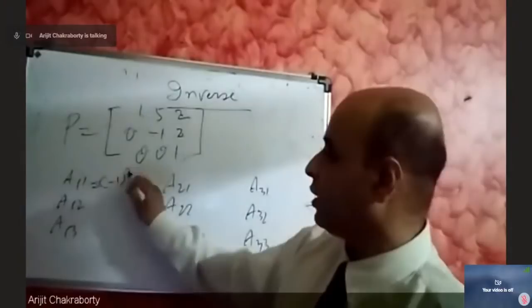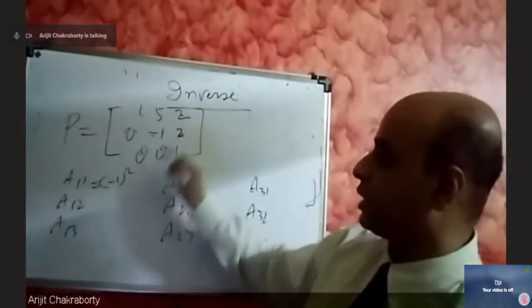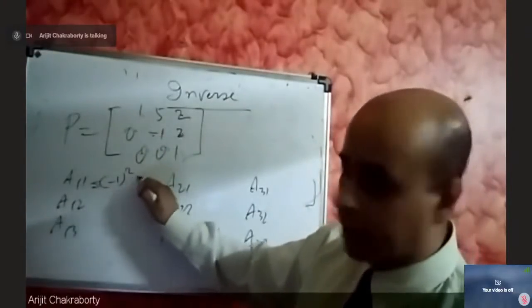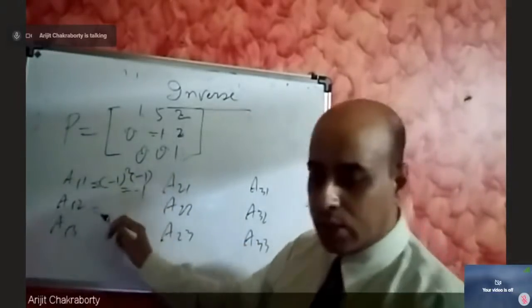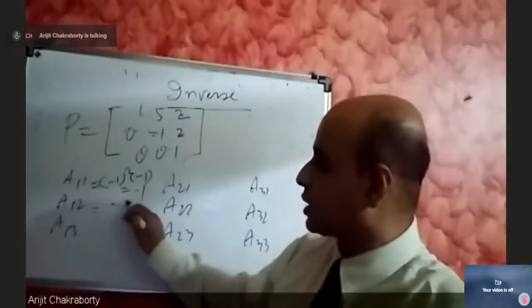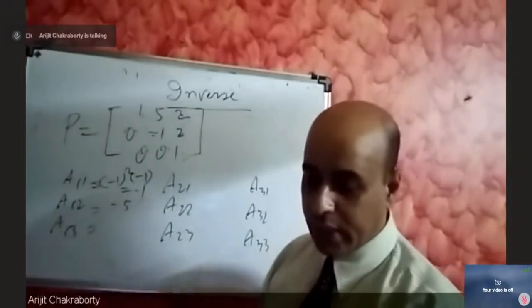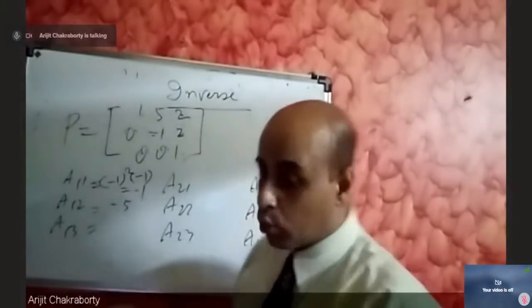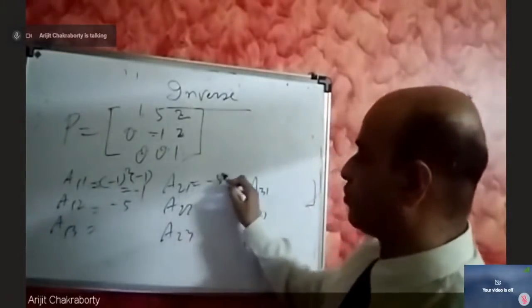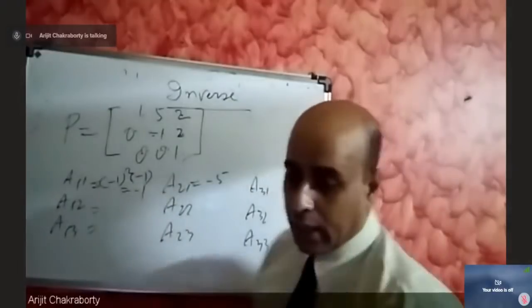Minus 1 square, minus 1 into 1, minus 0. So minus 1 square into minus 1, which is minus 1. Similarly, A12, if you calculate, is coming to minus 5. A13 is coming to 0, A21 is coming to minus 5, okay.